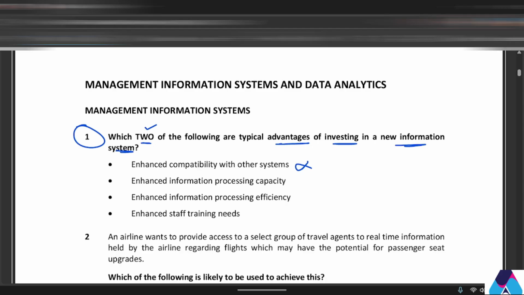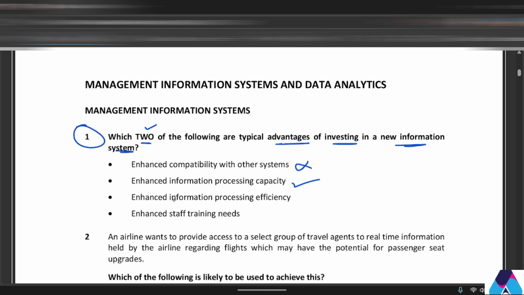So whenever you are trying to integrate or implement a new system, then compatibility becomes a big problem. The old system might not integrate smoothly with the new system. So you cannot say that there's going to be enhanced compatibility with other system. No. Okay.